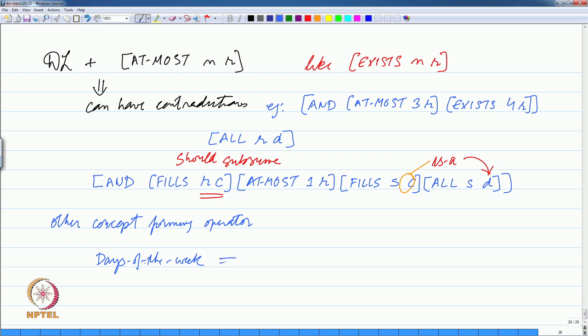You want to define this as a concept, and you could use something like one of Monday, Tuesday, up to Sunday. These are the kind of concepts that we may want to define, days of the week, days of the month, and so on and so forth. This language of course does not allow us to do this sort of thing.